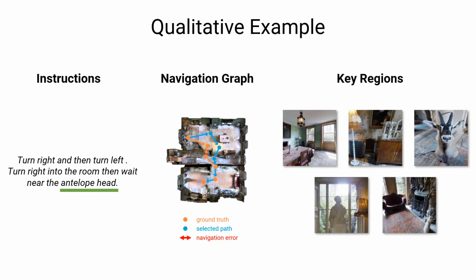We used a gradient-based technique to determine which regions VLN-BERT uses to select this path, and the top 5 regions are shown here. In this example, we see that VLN-BERT was able to correctly ground the phrase antelope head. This is neat because the word antelope appears only 3 times in the VLN training data, but 138 times in Conceptual Captions. So it is likely that the visual grounding was learned from there.